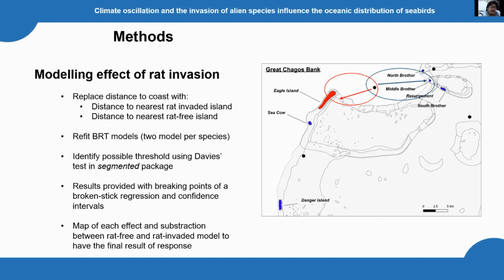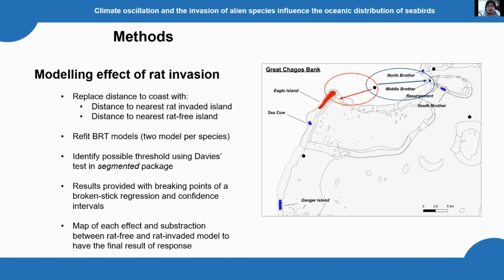In the Chagos Archipelago, there is a set of islands spread across different areas, some rat-free and some rat-invaded. Probably the seabirds would also be closer to the islands they prefer.